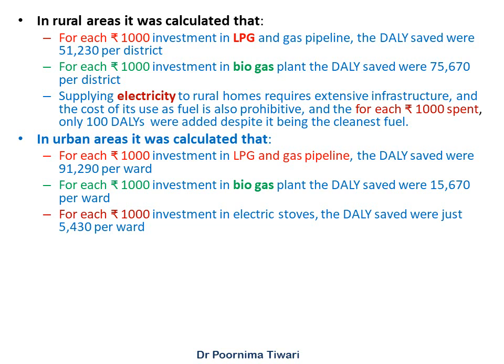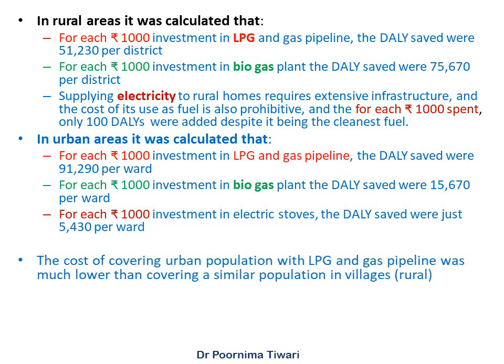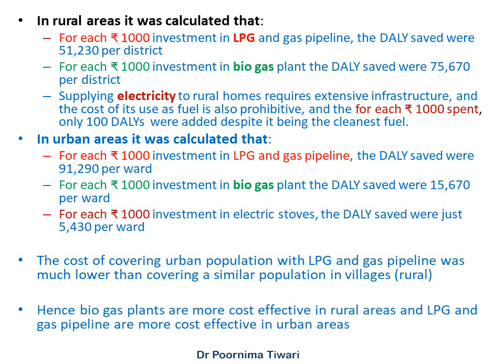So it was seen that the cost of covering the urban population with LPG and gas pipeline was much lower than the cost of covering a village with LPG and gas pipeline. So it was decided that biogas plants are more cost effective in rural areas, whereas LPG and gas pipeline are more cost effective in urban areas.